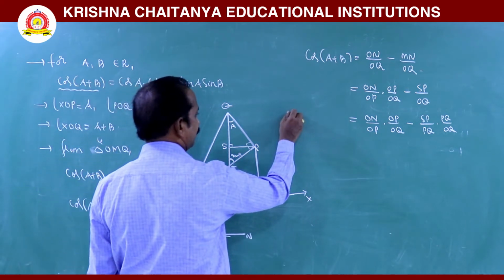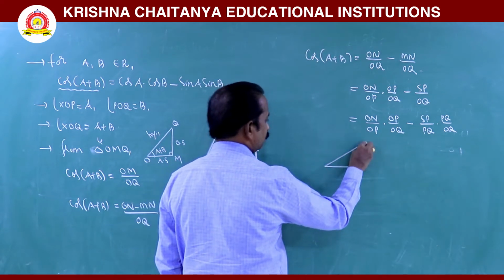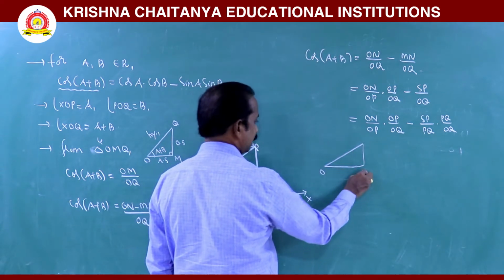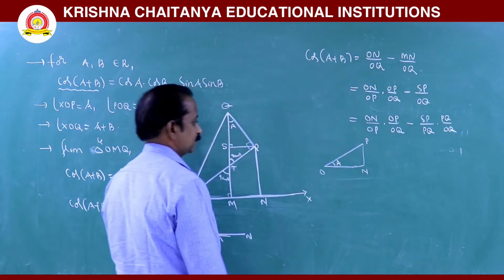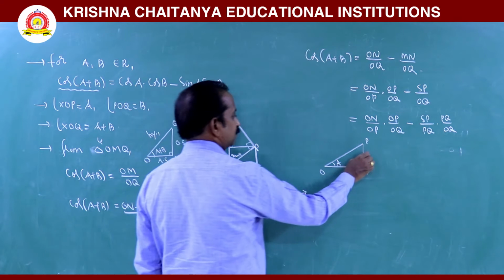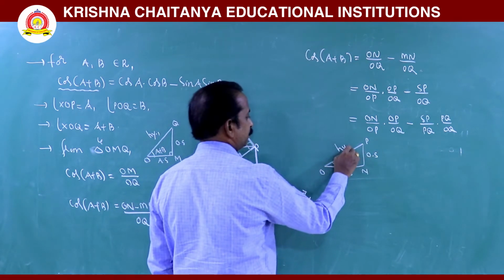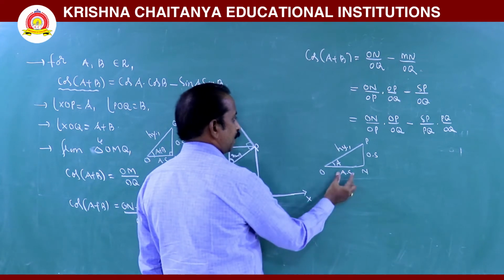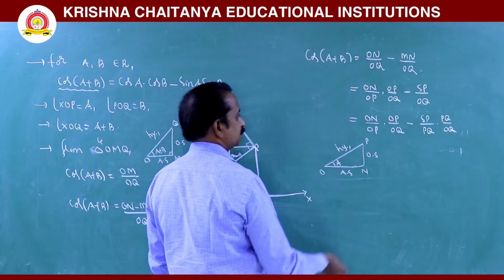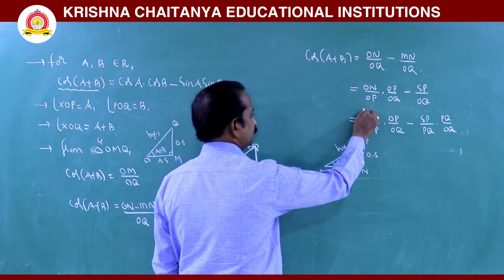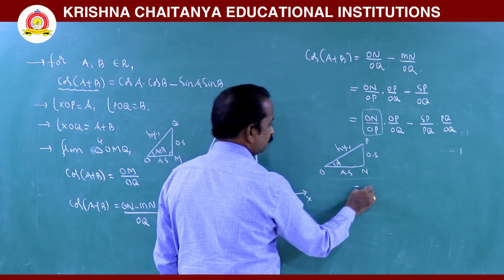Consider the triangle ONP, measuring angle is capital A. This is the opposite side, this is the adjacent side, this is the hypotenuse. Adjacent side by hypotenuse gives us cos A. So clear, this is nothing but cos A.